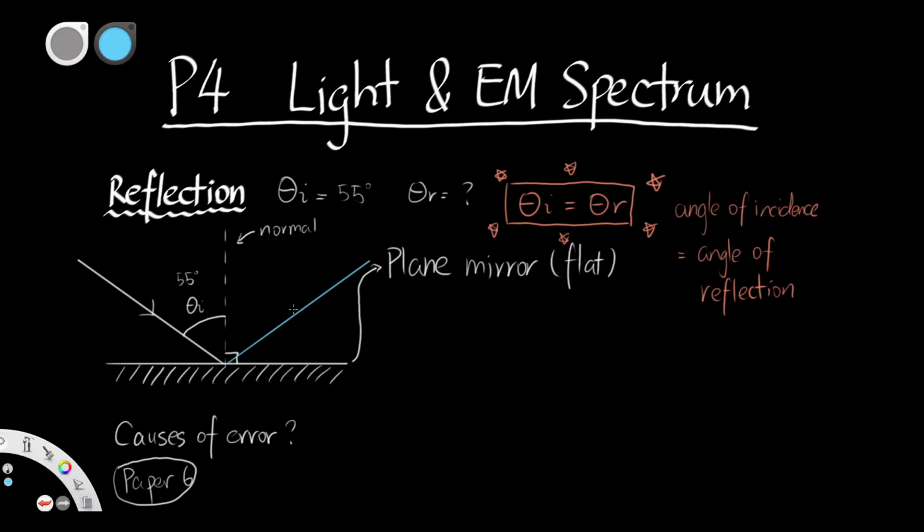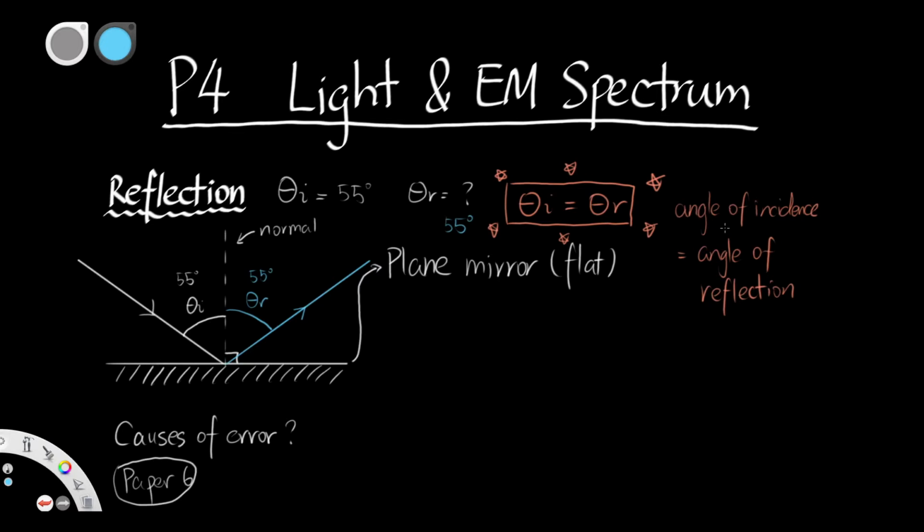And don't forget your arrows. And we know that's going to be the angle of reflection, which is also 55 degrees. So we sort of answered this question. It's 55 degrees. All right. So what is the takeaway from this little problem?